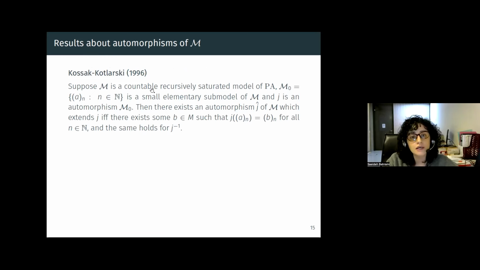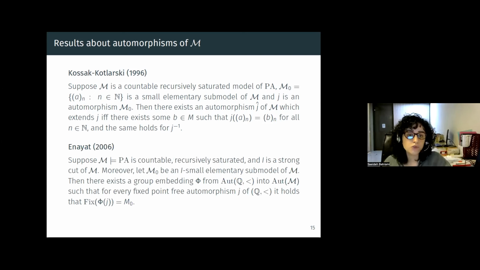This result is about extendability of automorphisms. When we have a small elementary submodel, and J is an automorphism of M0, then we can extend J to the whole model if and only if there exists some b in M such that this property holds, and the same holds for J inverse.